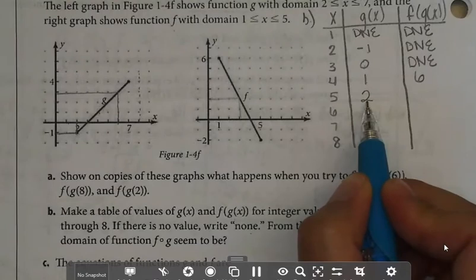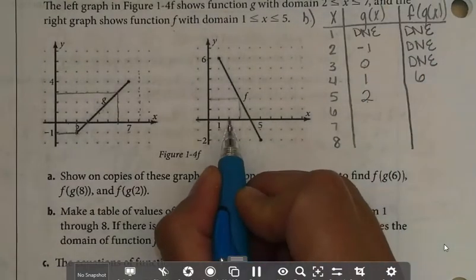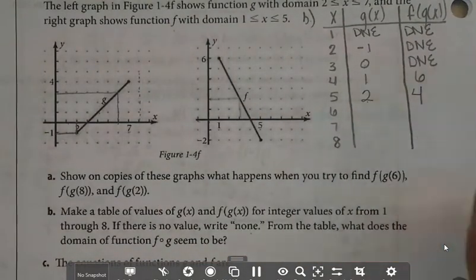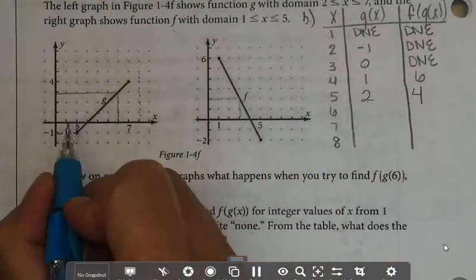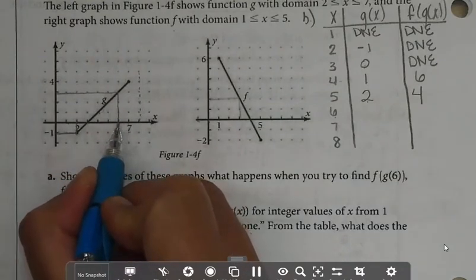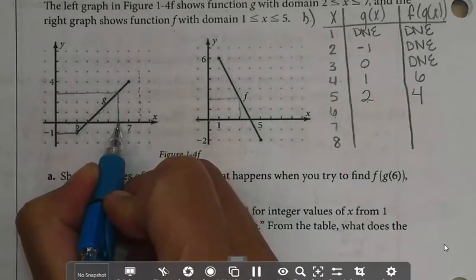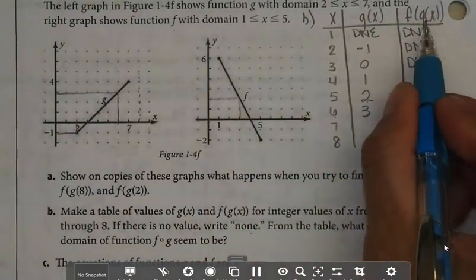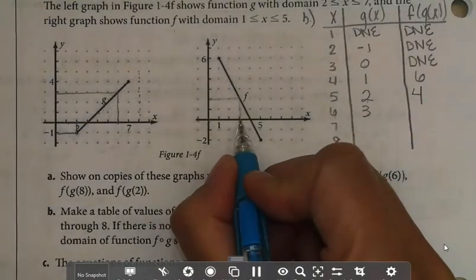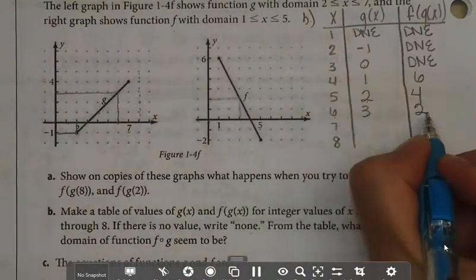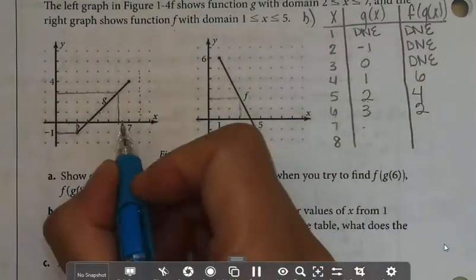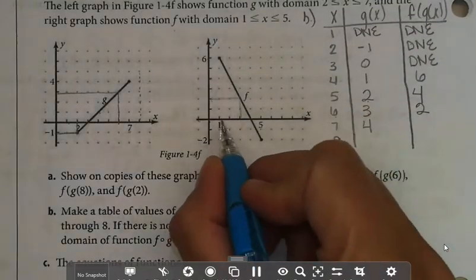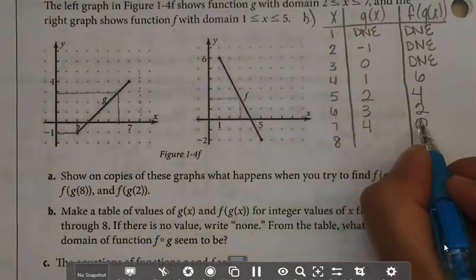Plug that in, so f of 2 appears to be 4. g of 6, well, it looks like we've already done that one. g of 6 ended up giving us 3. Plug that in, so f of 3 ends up giving us 2. g of 7 is 4. f of 4 is 0.